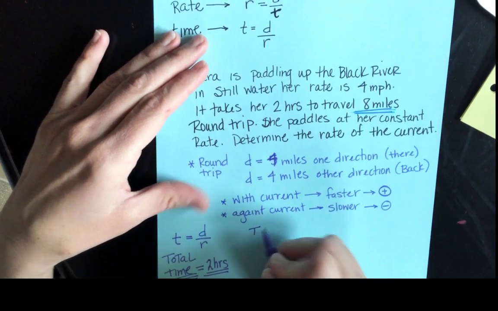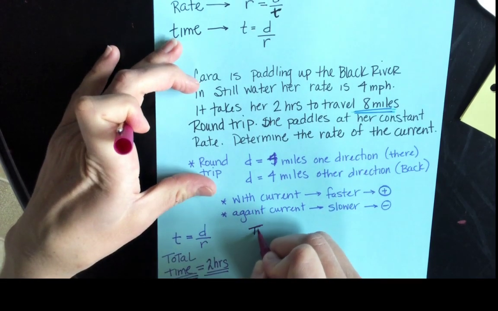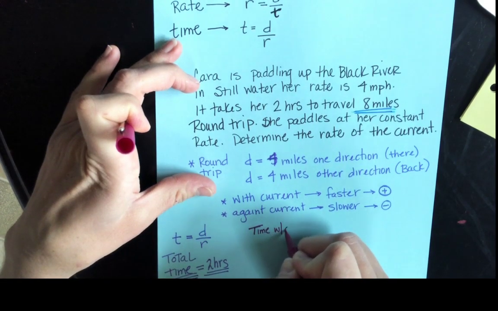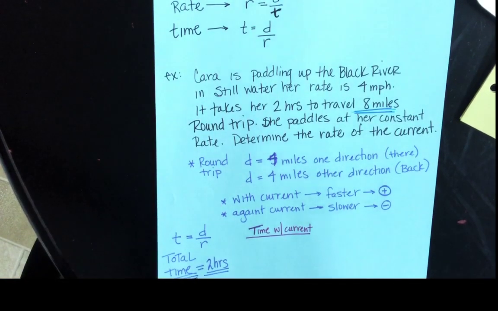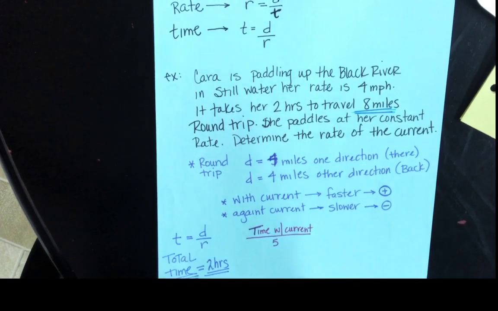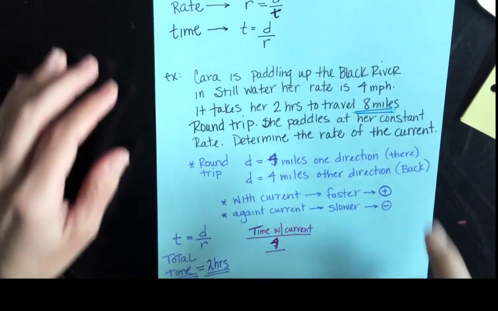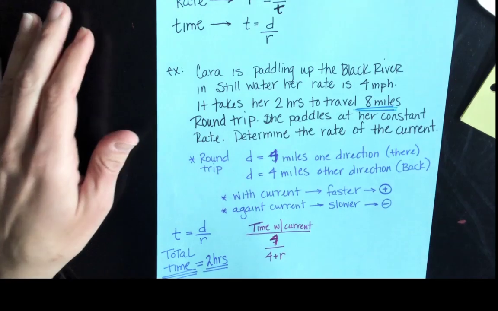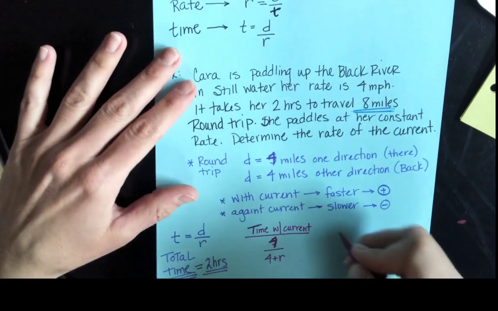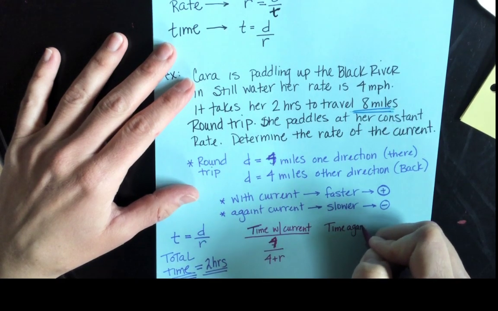So here is our time with the current. So when we're paddling using our current to make us go faster, we went 4 miles, and we ended up with 4 miles per hour, 4 plus R. And then against the current means we're going to have to subtract.